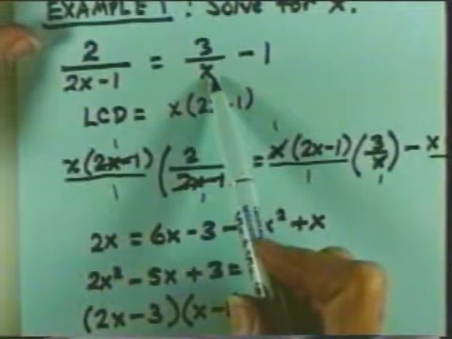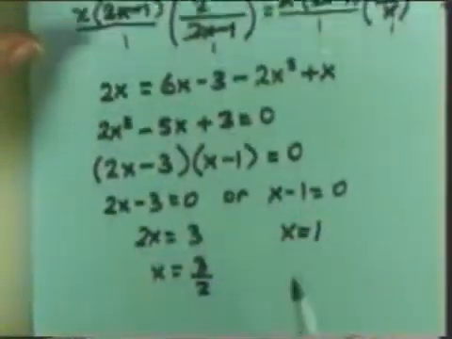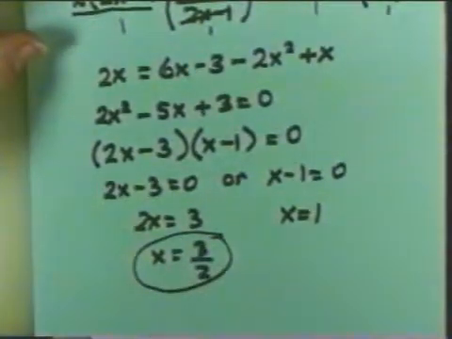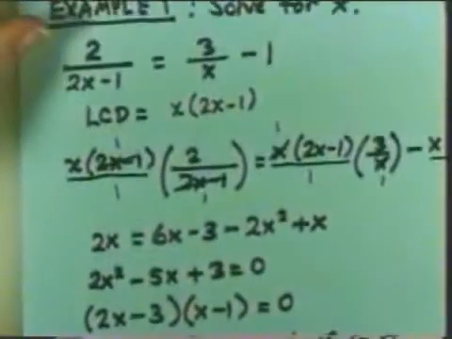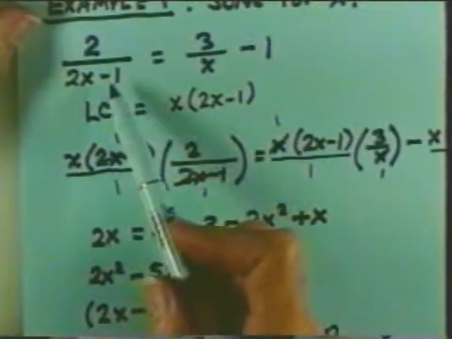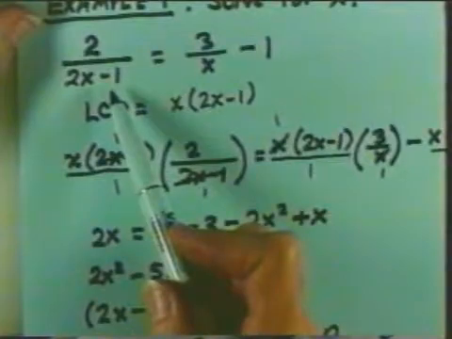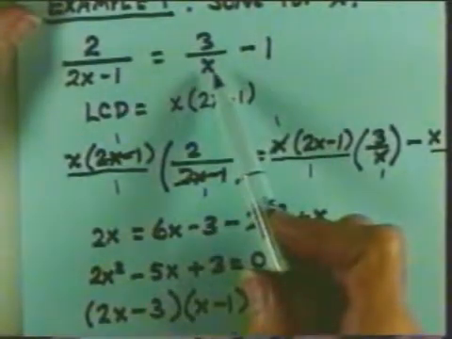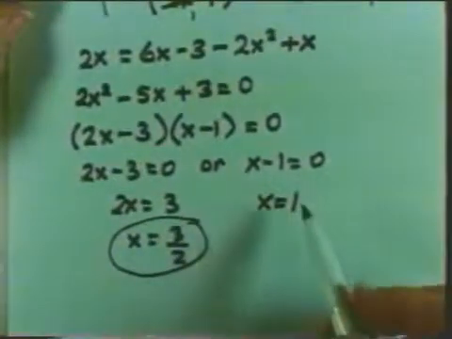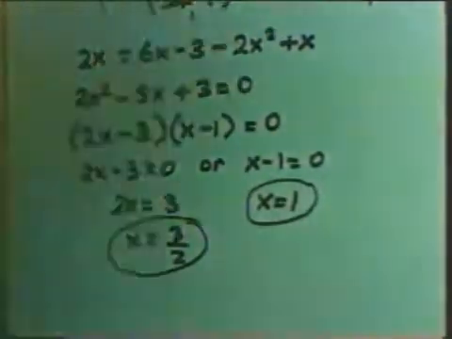That's not 0. So x equals 3 halves is fine. x equals 1. When we fill 1 in for x, we get 2, subtract 1, which is 1. That's not 0. Fill 1 in for x, we get 1. That's not 0. And so x equals 1 is fine as well.